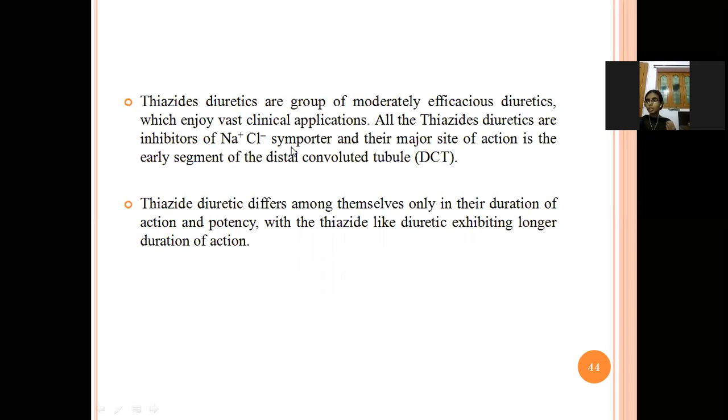So if the chloride and sodium symport gets inhibited, there will be inhibition of the reabsorption of sodium and chloride in the body. So the main function is to inhibit the sodium and chloride symporters, and then the reabsorption of sodium and chloride does not occur.